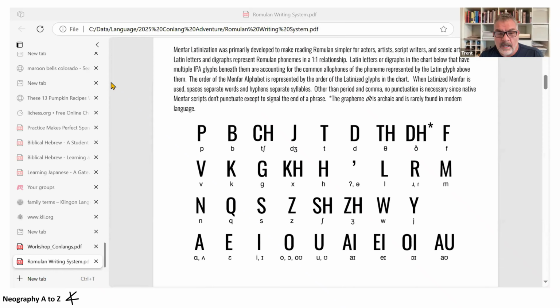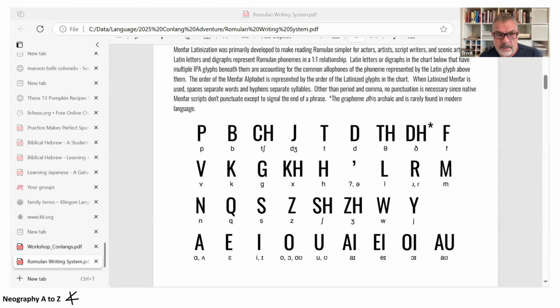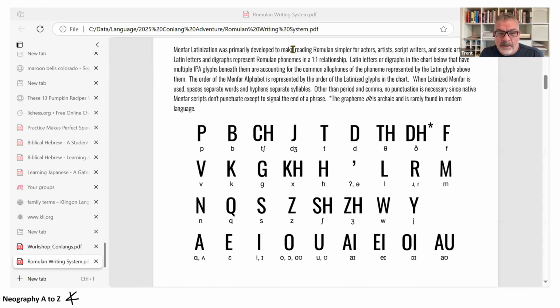And to be honest, this came from having to back engineer something that a writer did with a name. So we had to add this in, even though there was nothing else in the language that really used it. And I had to go backward in time and create some words that had this archaic glyph and sound in them, even though they weren't part of what I originally created.